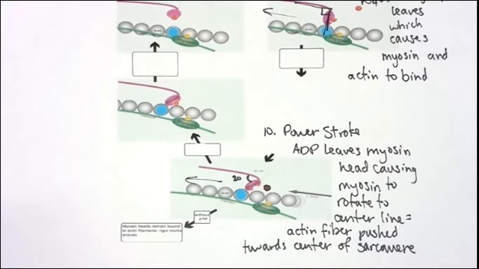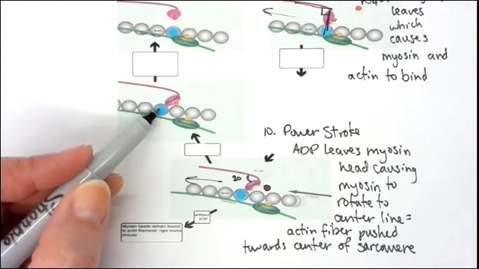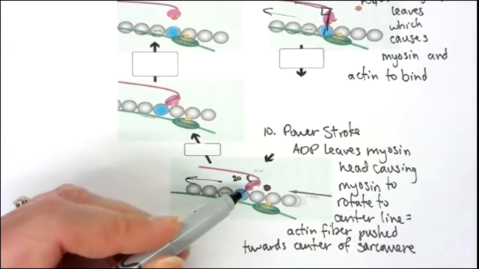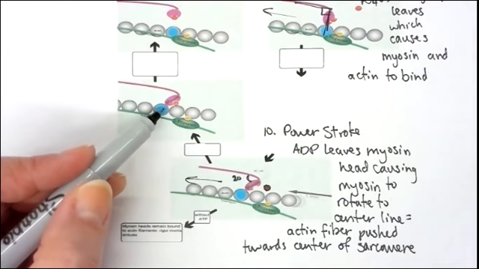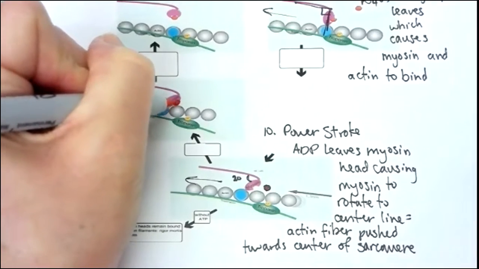You can see what a huge amount of ATP we're going to need. So the myosin head is still bound to the binding site, and it's empty. In order to get it to release, we have to have an ATP. Remember the whole circle was an ATP?